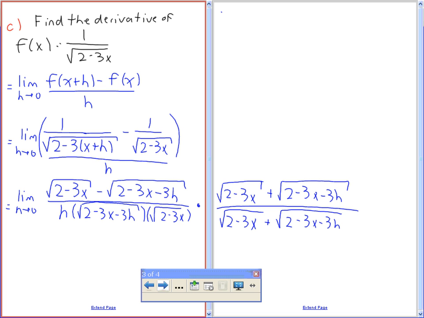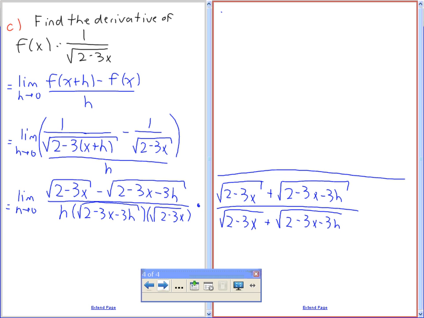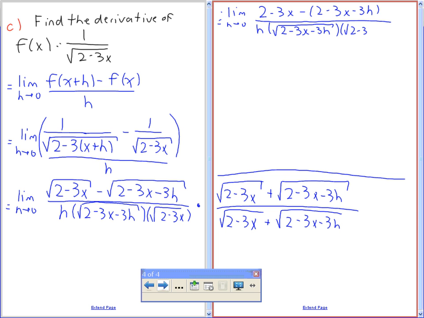All right, what does that turn into when you rationalize? Matt, I'm picking on you. The numerator, you've got 2 minus 3x minus, then 2 minus 3x minus 3h, all over h times root 2 minus 3x minus 3h plus root 2 minus 3x.